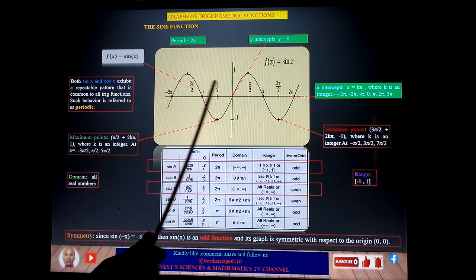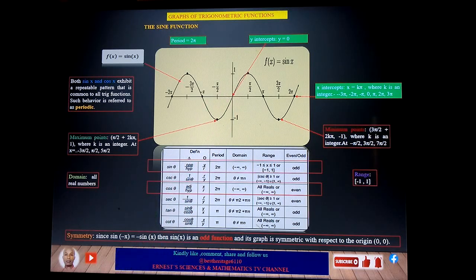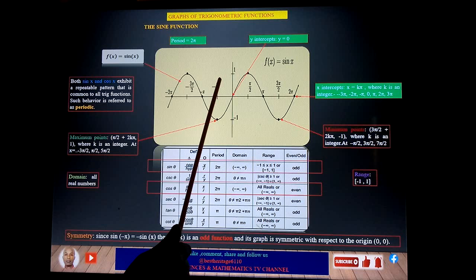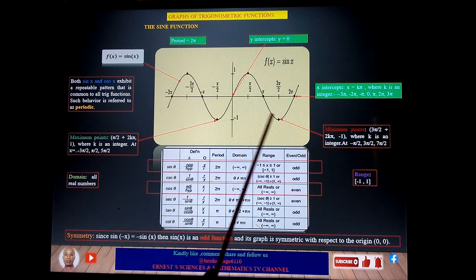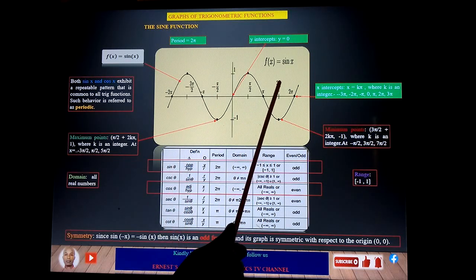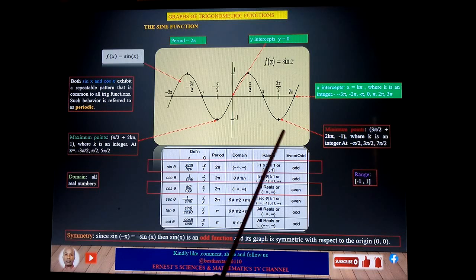Now, I've mentioned the concept of a minimum and the maximum point. In this specific graph, we're going to have these specific points for negative pi over 2 and then 3 pi over 2 given as minimum points, which are going to be displayed as such.